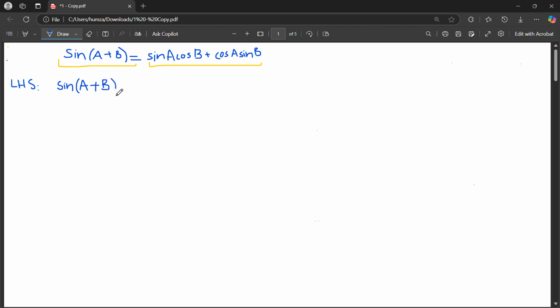We need to simplify this. In order to simplify this, we can use the co-ratios we did in grade 11, and we can say that sin(A + B) is equal to cos(90° − (A + B)).